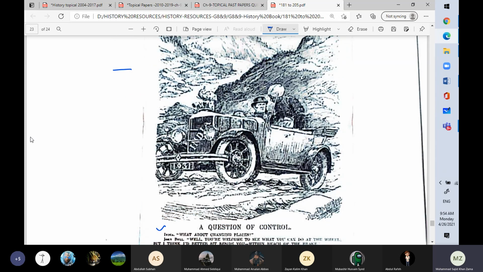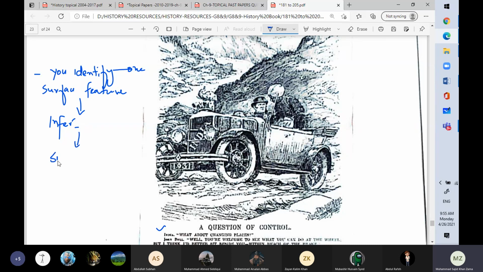Now, first of all, surface feature. You identify one surface feature, and then from this surface feature you infer, meaning you conclude something, infer what this means, and then you support what you conclude.